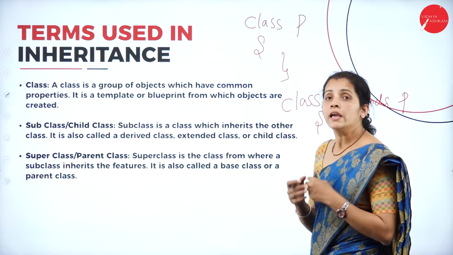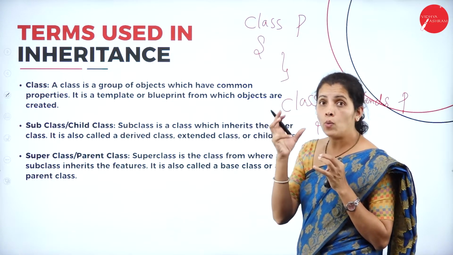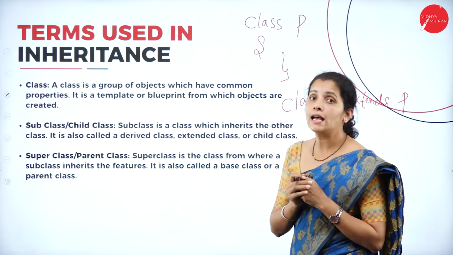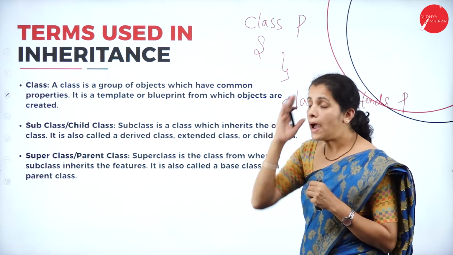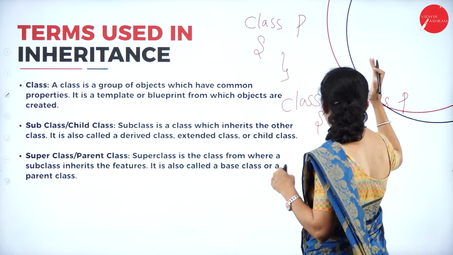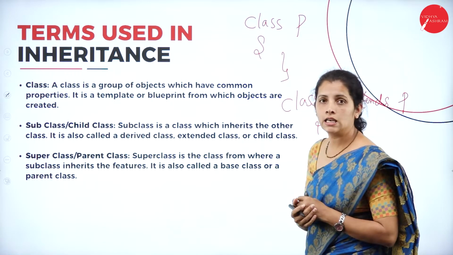That means if the child wants to acquire all the properties as well as behavior of the parent class, then the parent class must be extended by the child class.